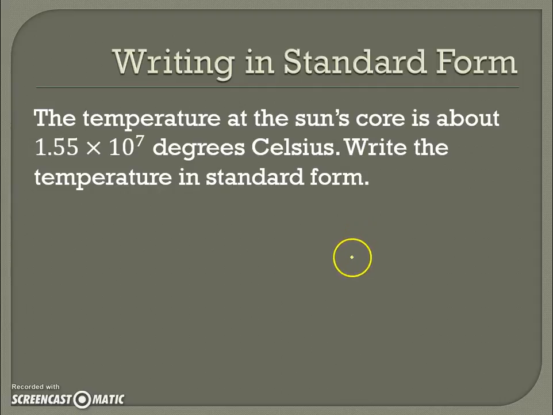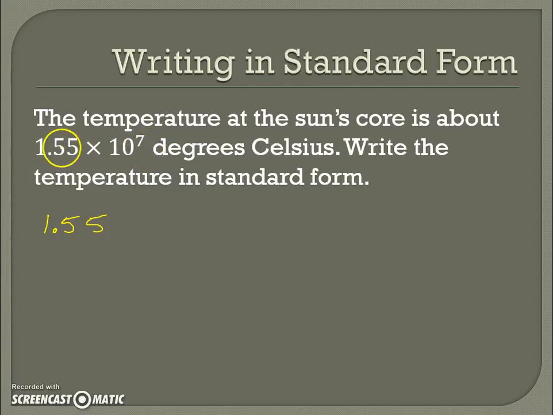All right. Writing in standard form: the temperature at the sun's core is about 1.55 times 10 to the 7th degrees Celsius. Write the temperature in standard form. The way you do this is you rewrite this first number. So I have 1 and 55 hundredths. And when it is a positive exponent, I'm going to move the decimal the number of times of the exponent.